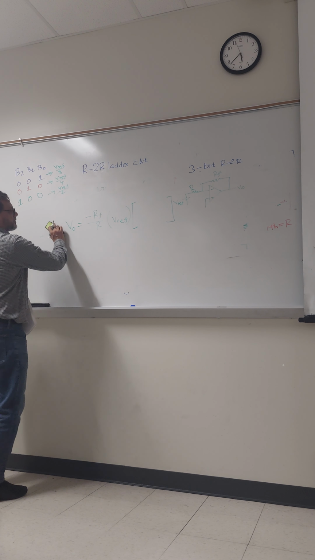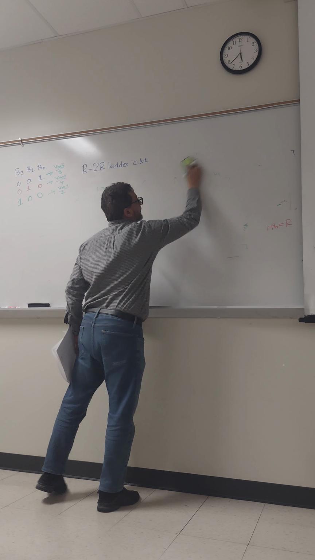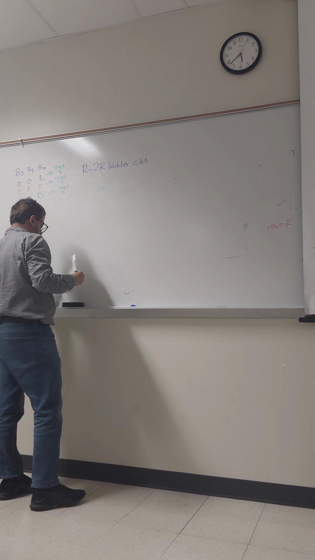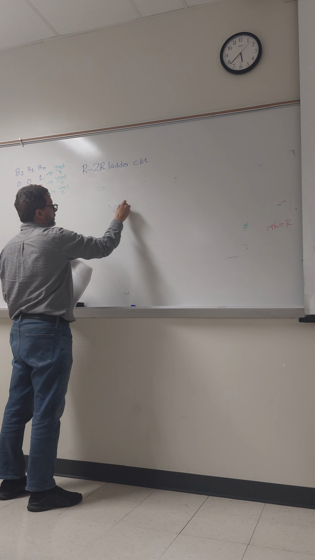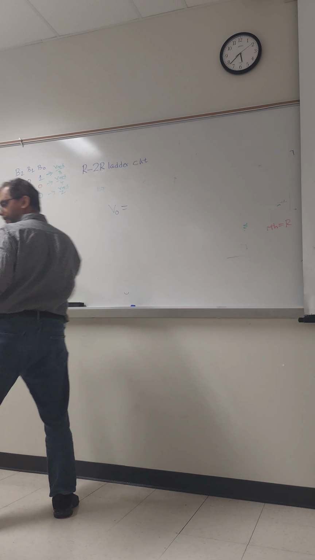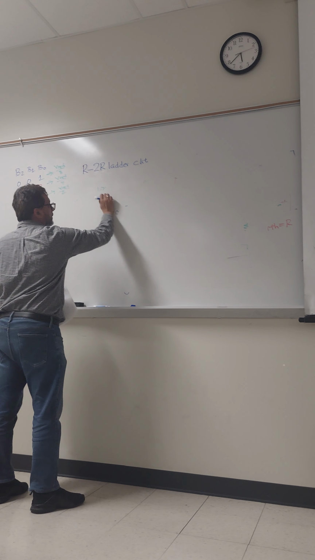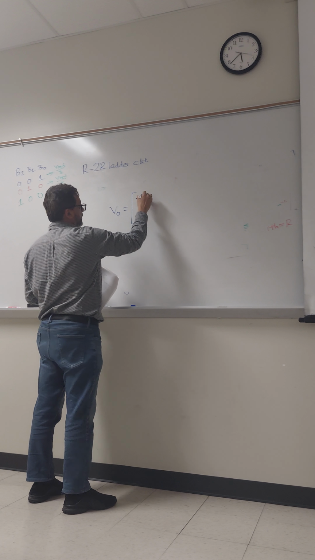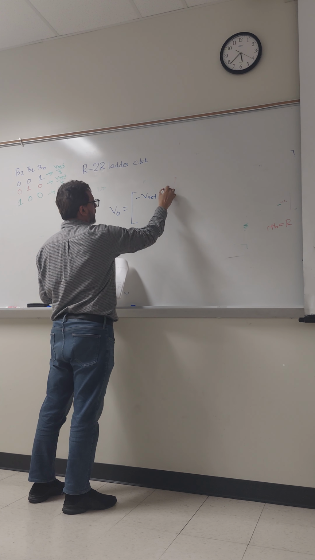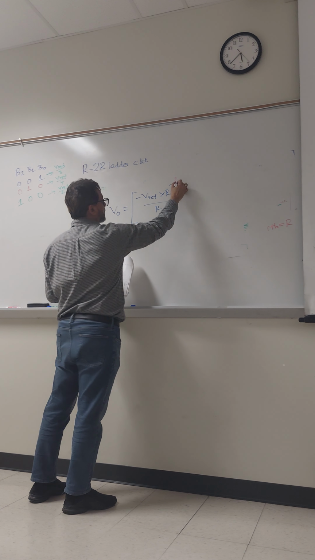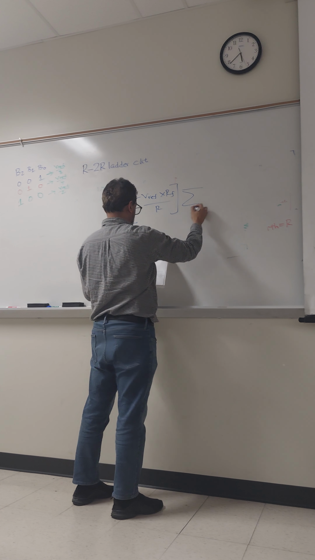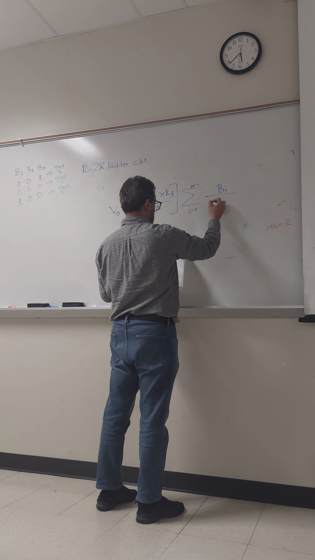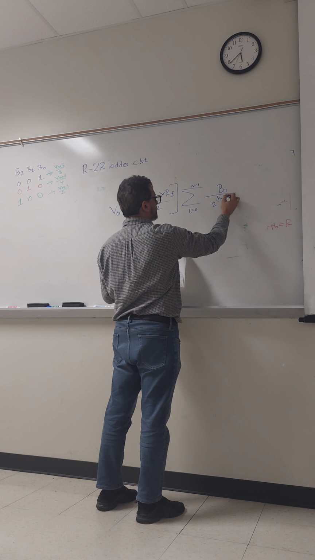So we can express this final equation like this: V naught equals minus the reference times RF by R times the sum from i equals 0 to n minus 1 of bi over 2 to the power n minus i.